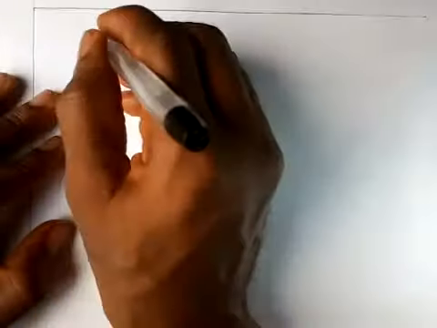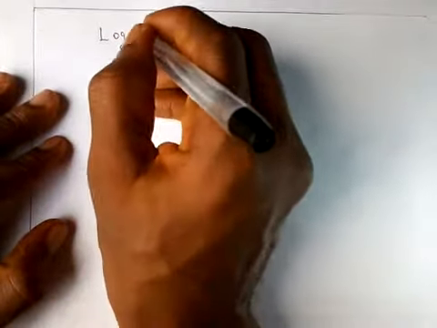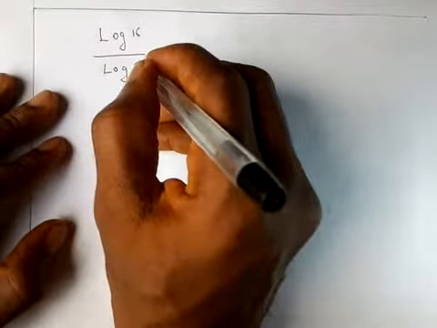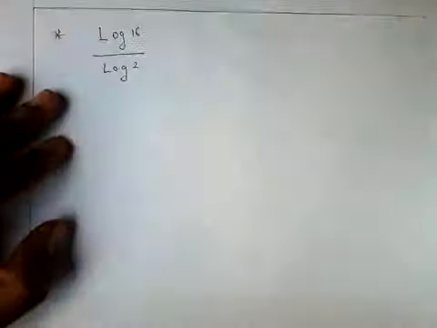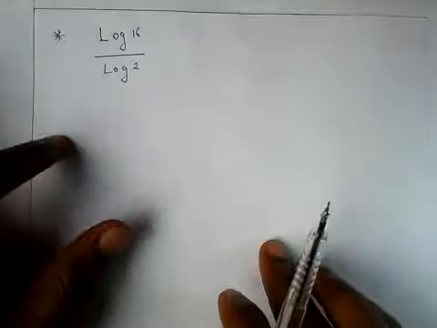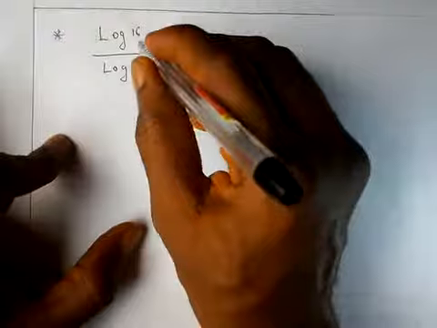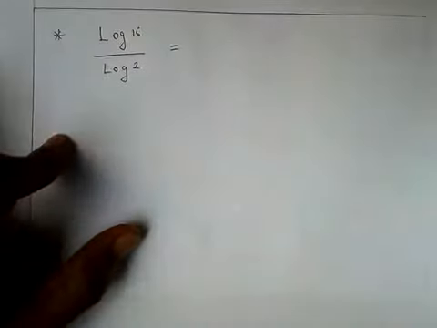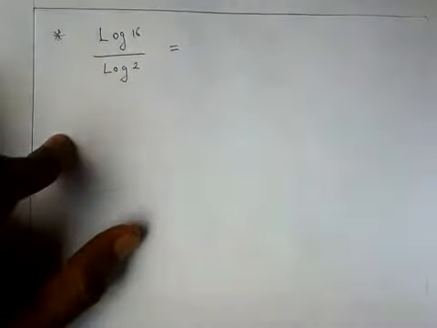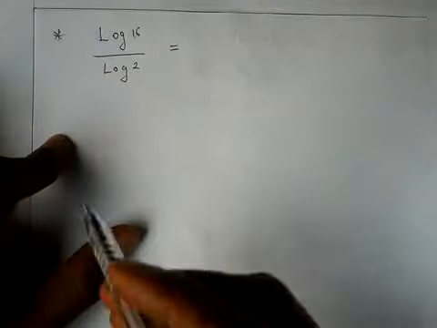Number 4 is demanding that we simplify. It says simplify log 16 divided by log 2. Now we can make this the same as the base. We can make this log 2 because 16 is 2 raised to power 4.